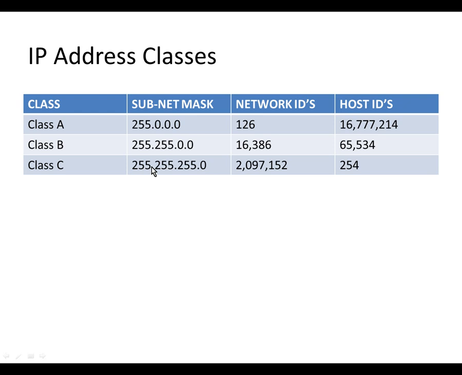The first three octets are network ID, and the last octet is host ID, and you have only 254 potential host IDs because there is only one octet which is being used for host ID, and as you know, an octet is made up of a total of 8 bits. Class A, B, and C networks.